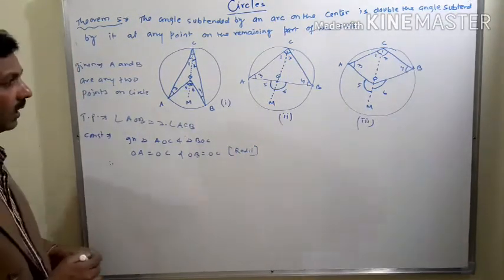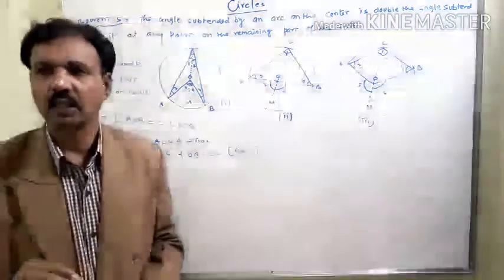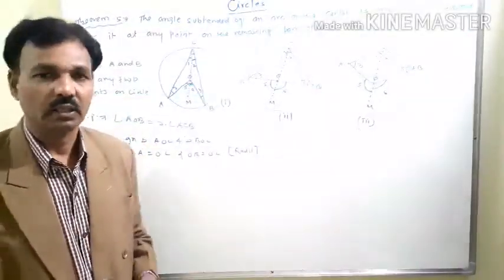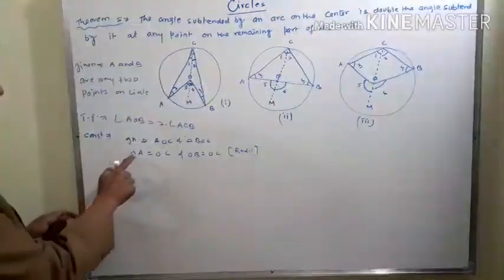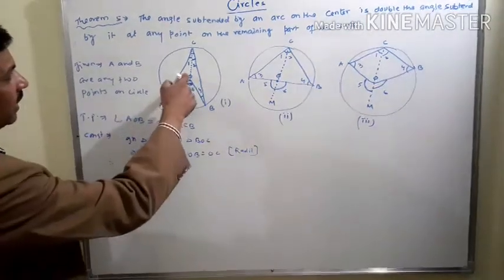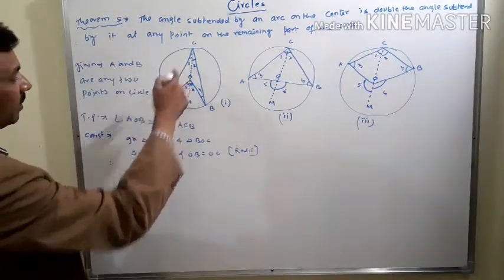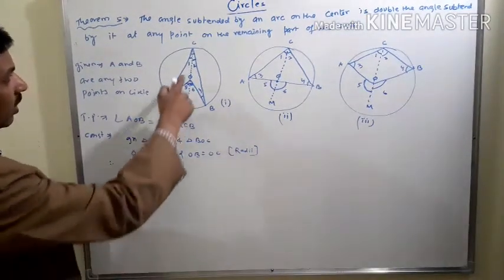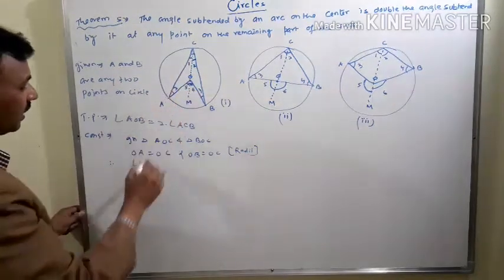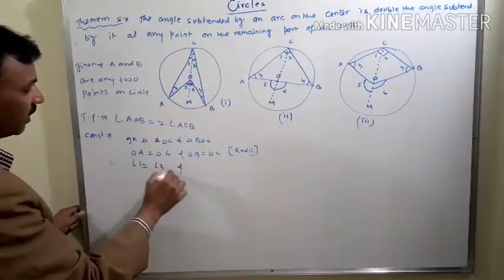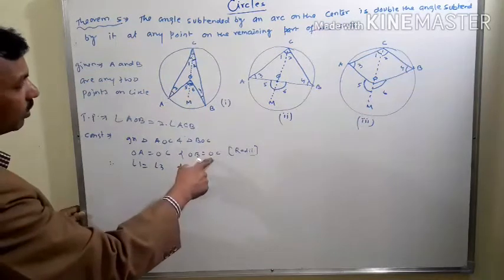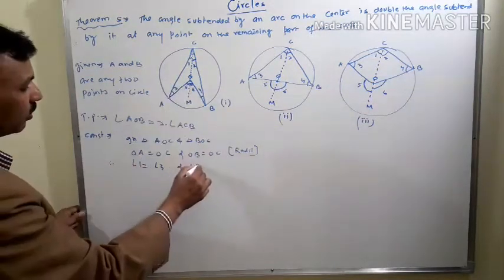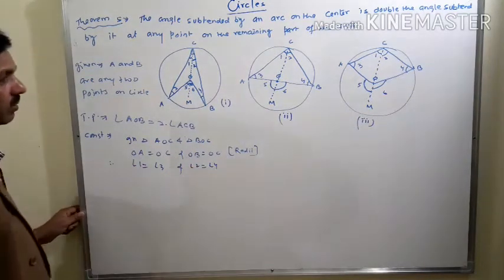Therefore, as you know, angles opposite equal sides are equal. That means the angle opposite OA, angle 1, equals the angle opposite OC, angle 3. Similarly, OB equals OC means angle 2 equals angle 4.